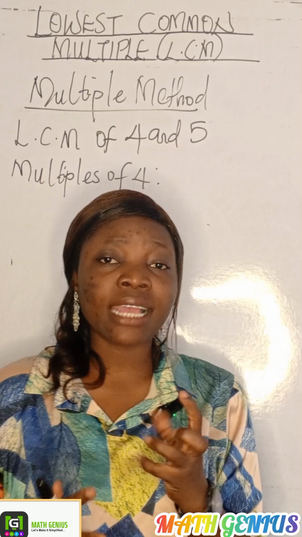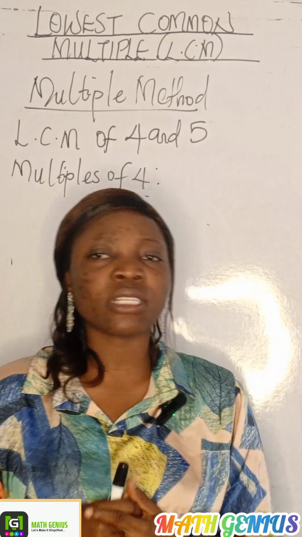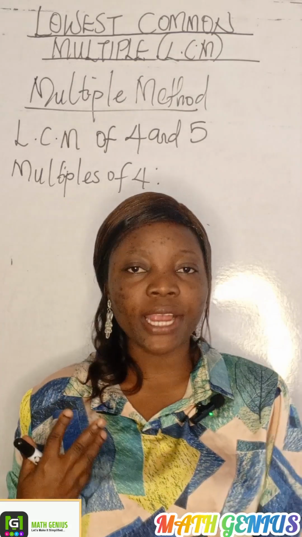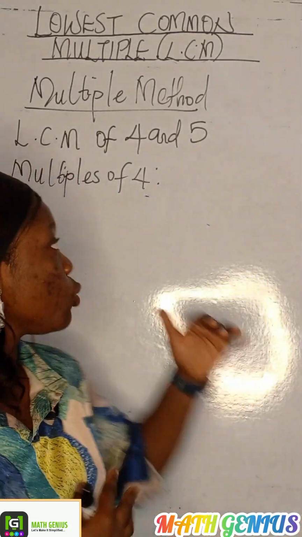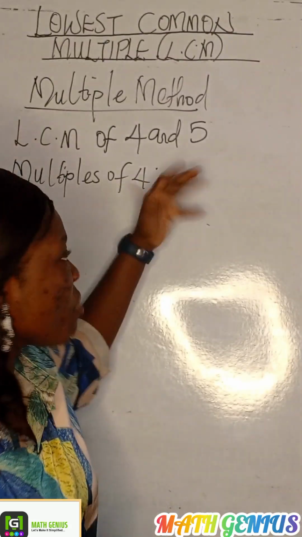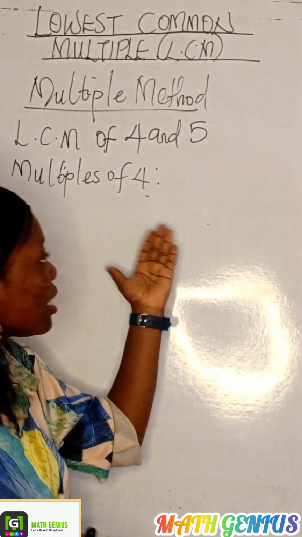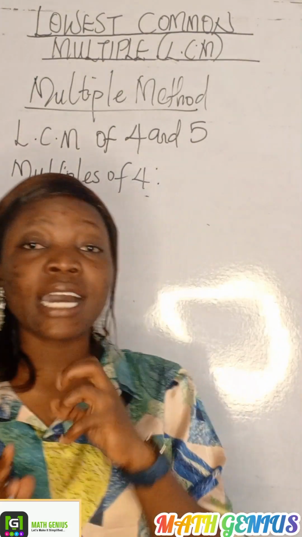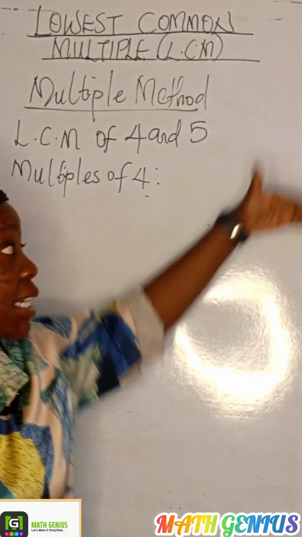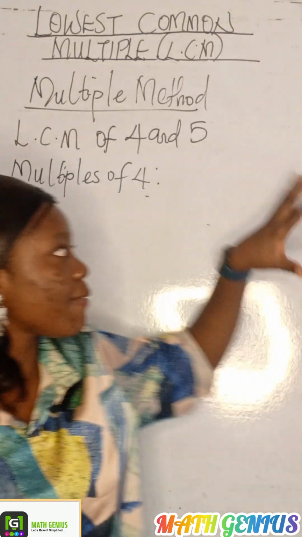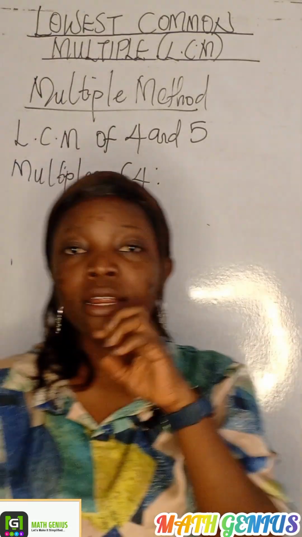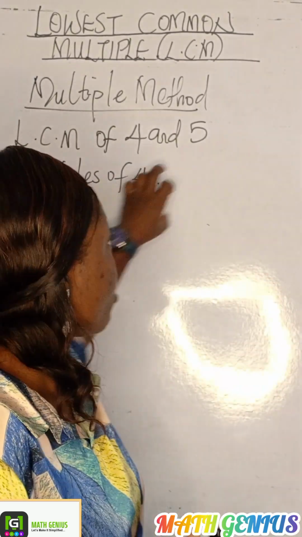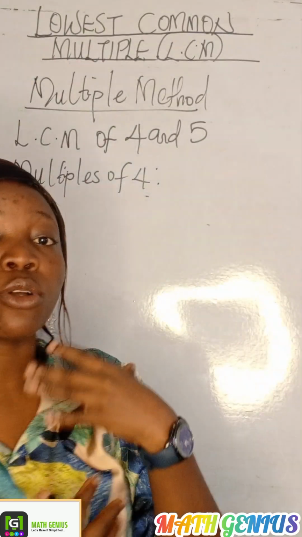The reason I recommend the first 10 multiples is so that you get a good length of numbers to compare. Most times, if you only do it up to 5 times, you may not get a common multiple. So as to comfortably do it in one run, you do it up to 10 times. But I'm not saying that by the first 10 multiples you are sure of getting the LCM. I'm saying most times it's good to have a good length of numbers so you can compare.